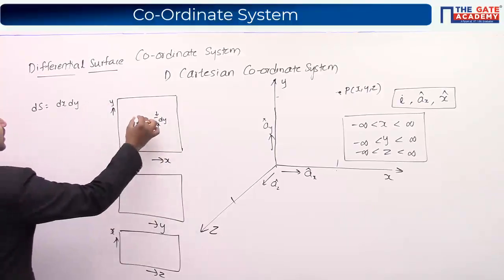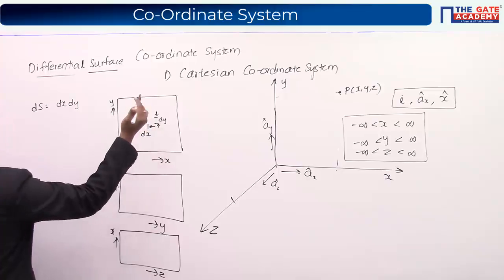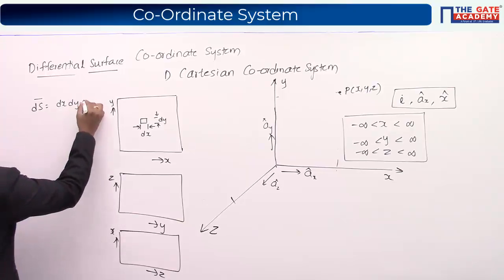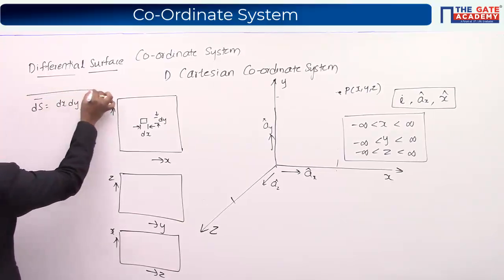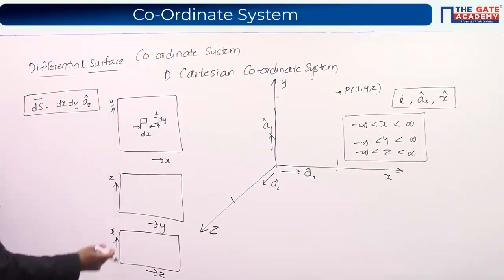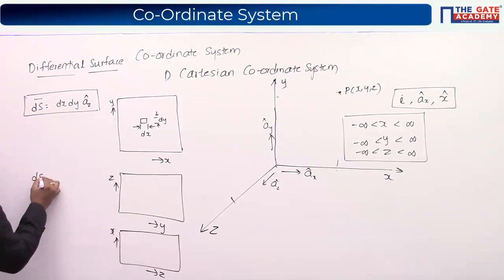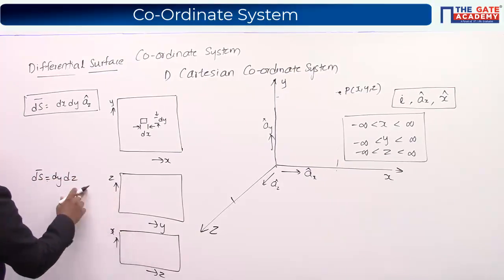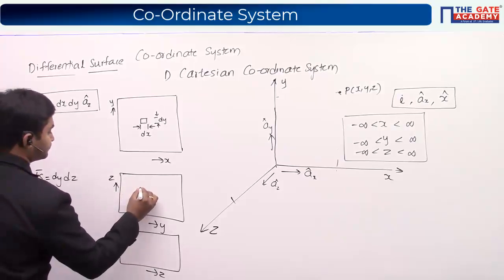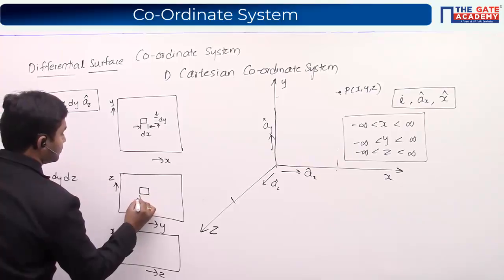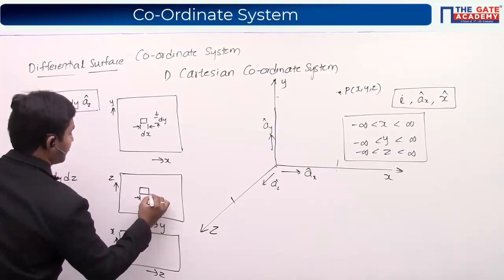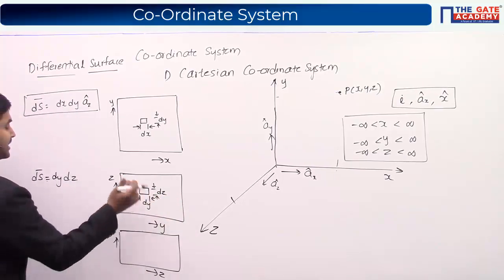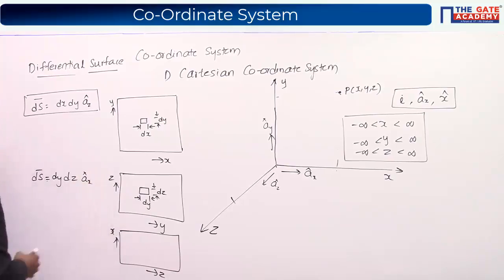And what is the direction of this one? The direction of this particular plane, because it is a direction, I'm going to write ds bar here, and the direction is going to be in the z direction. Similarly, when I talk about this particular plane, ds bar is given by dy dz, a very small part of it, with dy here and dz here, and of course the direction of it is in the x direction.